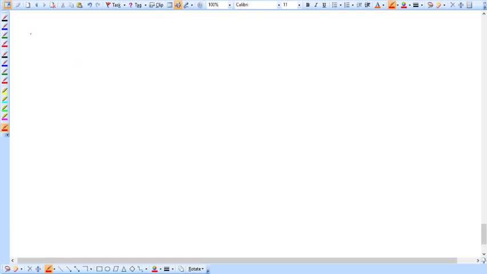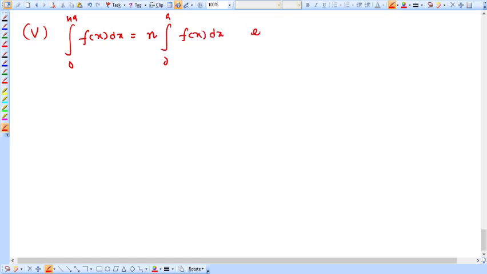Now coming to the property number 7. Okay, property 7. So okay, it says integration of 0 to na f of x dx, it is equal to n times 0 to a f of x dx, okay, if, कब, when f of x is equal to f of a plus x.